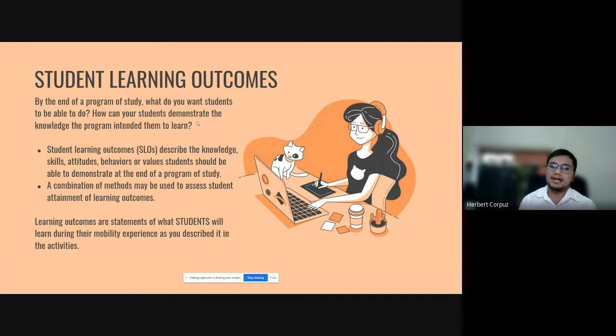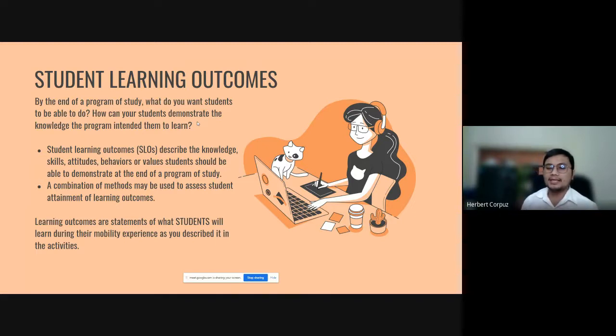In identifying or writing our student learning outcomes, we always have to ask ourselves this question: by the end of a program of study, or by the end of this course, or by the end of this lesson, by the end of this unit of study, what do we want students to be able to do?